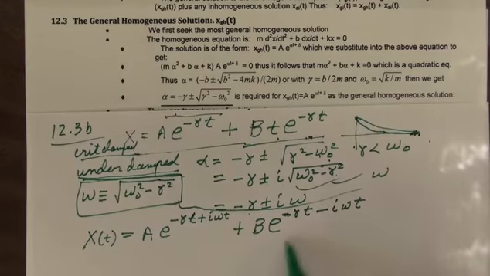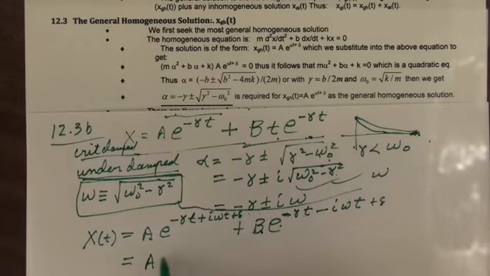Now I can collect these. I could put a phase in here if I wanted to. That's possible. That wouldn't change anything for any of our calculations, as you know. I'm going to simplify this, leave that phase out for now, and I'm going to make this constant the same as this constant, and write this as A also.